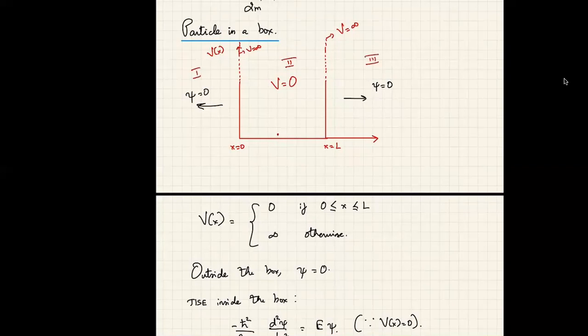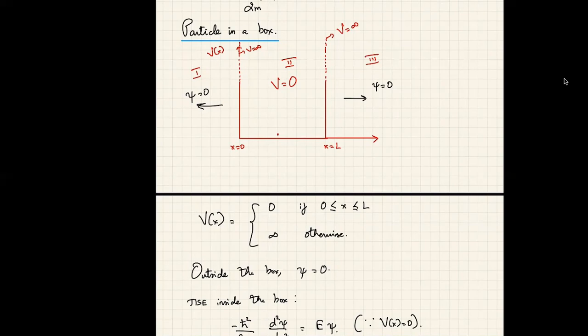Of course, if the barrier height is infinity, in regions 1 and 3 the wave function is 0. But if the barrier height is not infinity, but some finite number, in regions 1 and 3 the wave function would not be equal to 0. So in such cases, you'd have to solve the time-independent Schrodinger equation in region 1, region 2, and region 3 separately, and you have to match these solutions at the boundaries.